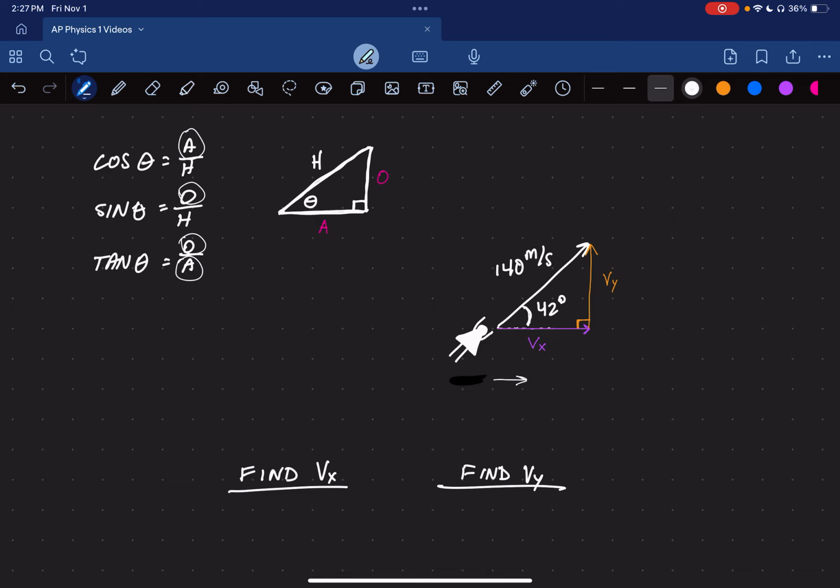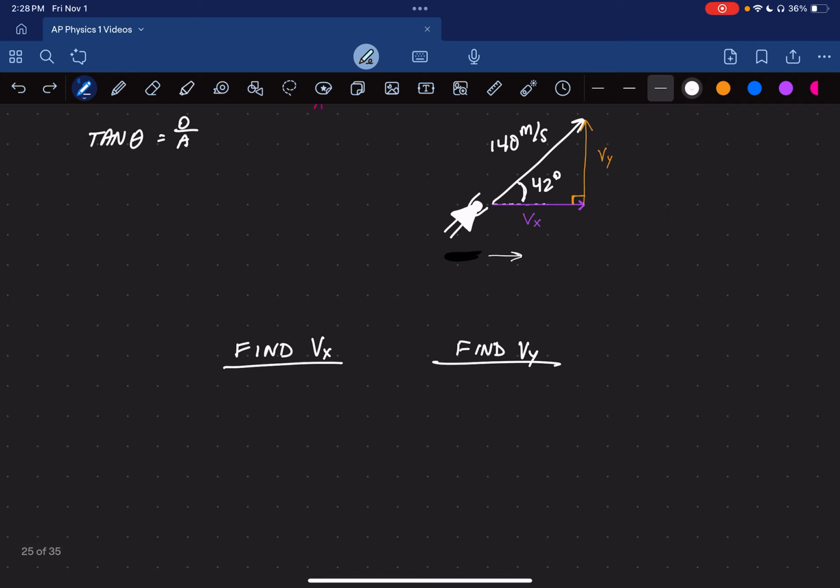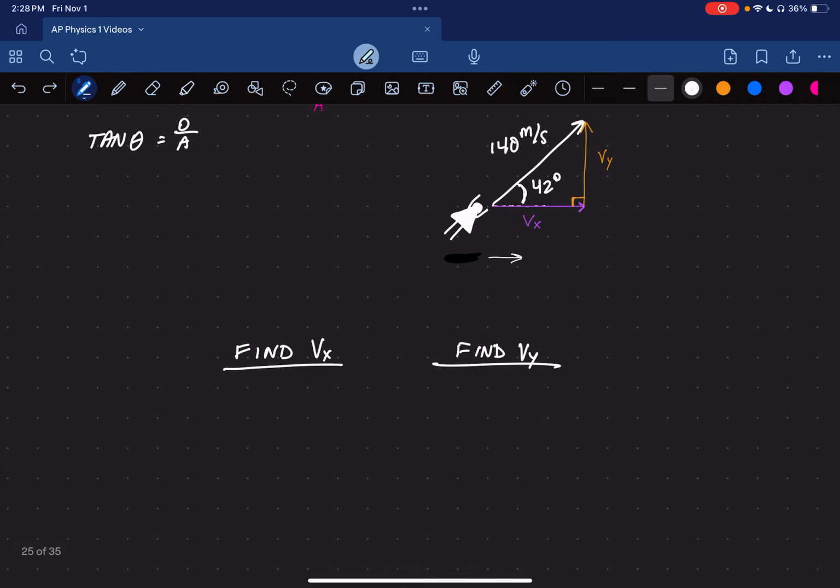Now what's convenient in this triangle, the one we're looking at here, is we have the hypotenuse. So I'm just going to say right now that we're not going to erase this, but we don't want to use tangent at the moment. We will use it later. So for Vx, we're going to be using cosine. So cosine of theta is adjacent over the hypotenuse.